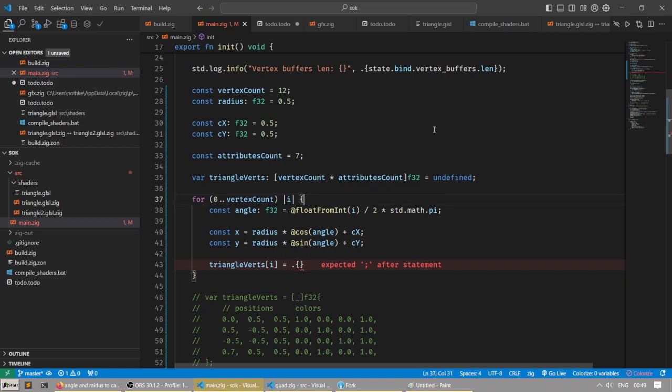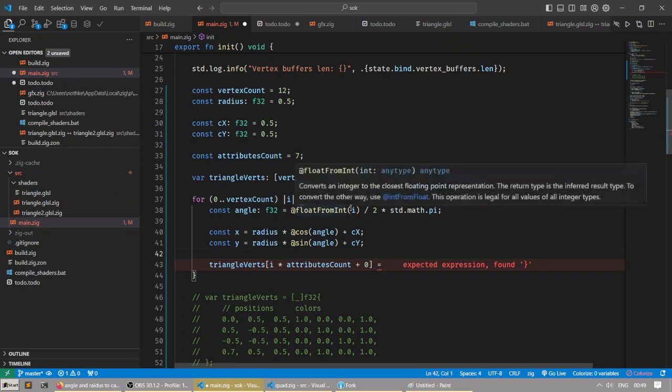And yeah, so for each of these, yes, of course. Now I'm going to have to calculate this by attributes count plus 0, right? Can I actually grab a slice, which would be nicer? Maybe.